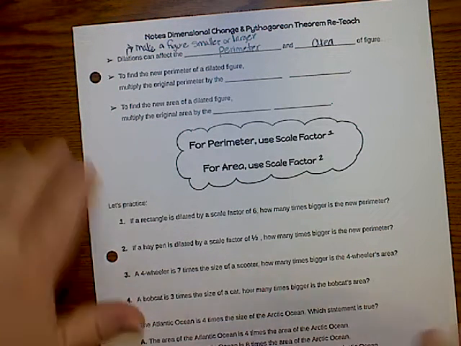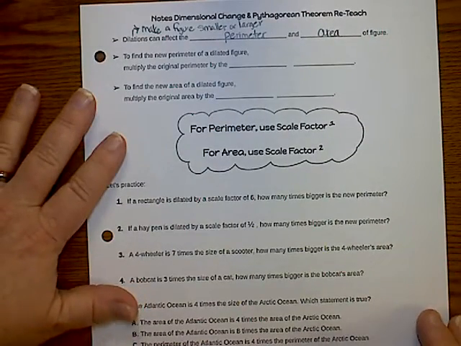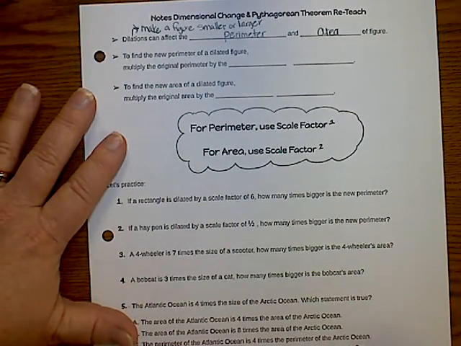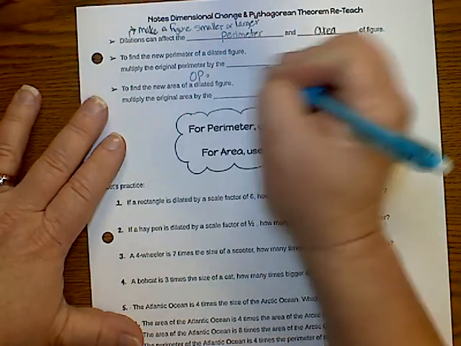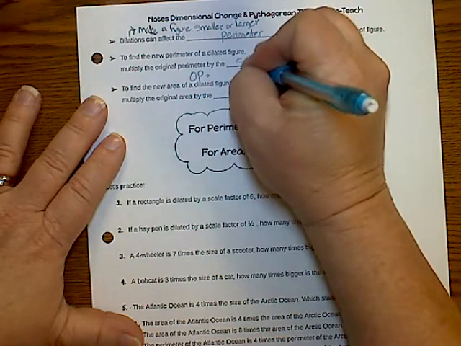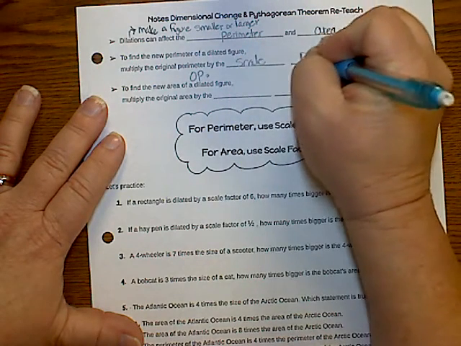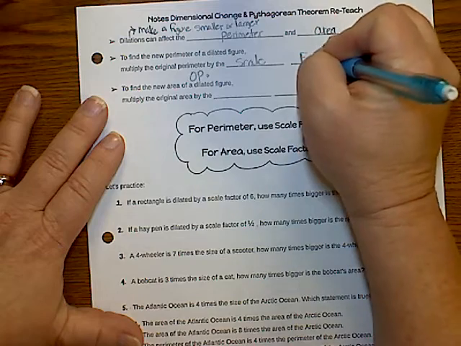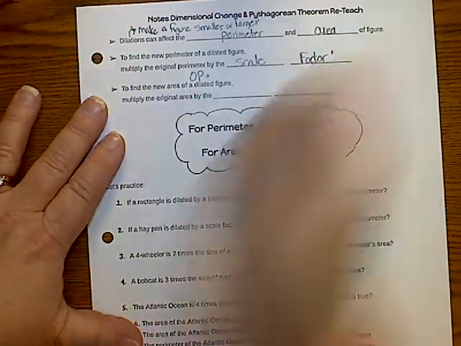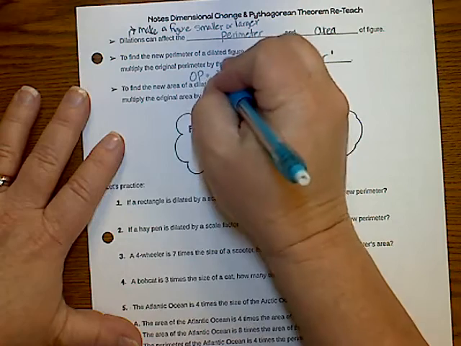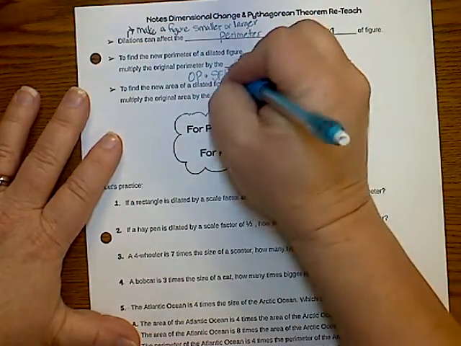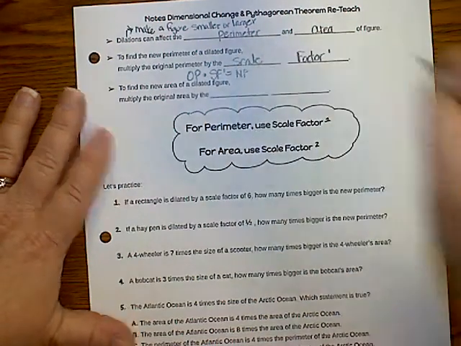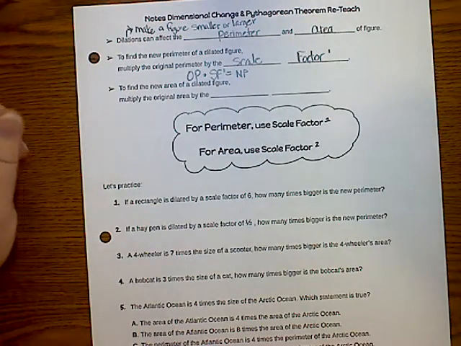To find the new perimeter of a dilated figure, you multiply the original perimeter, or we'll call that the old perimeter, by the scale factor to the first power. So old perimeter times scale factor to the power of 1, which is just whatever the scale factor is, gives you a new perimeter. And I've been through this, I know I have, but some of you will think, I've never heard this before. I know.